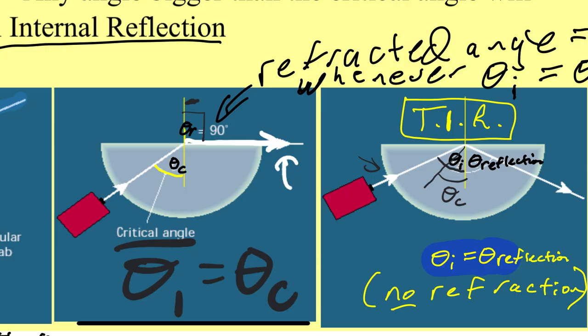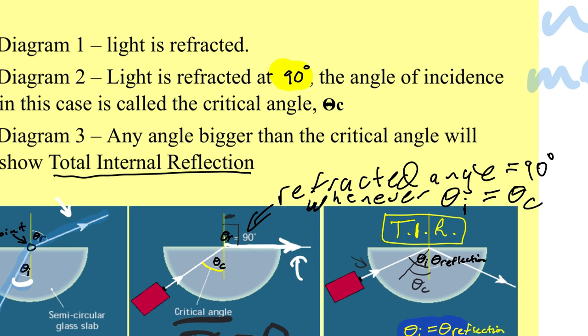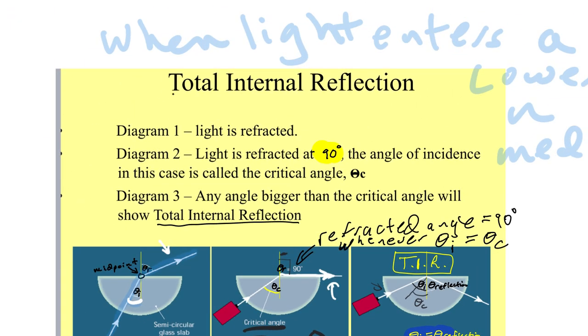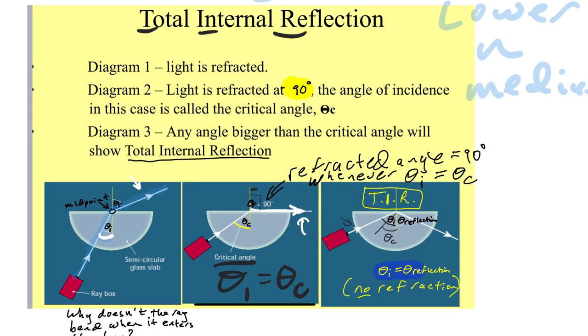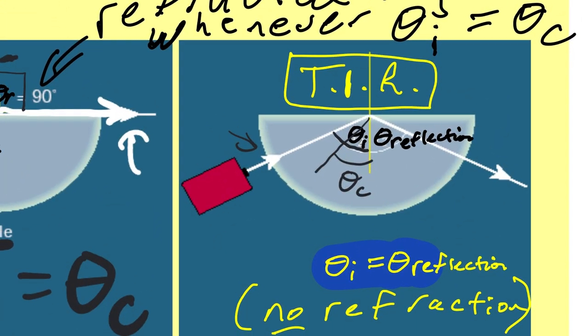It won't go through. It'll just reflect back on itself. We call that total internal reflection. I abbreviate it TIR. No light will refract. You get 100% reflection.